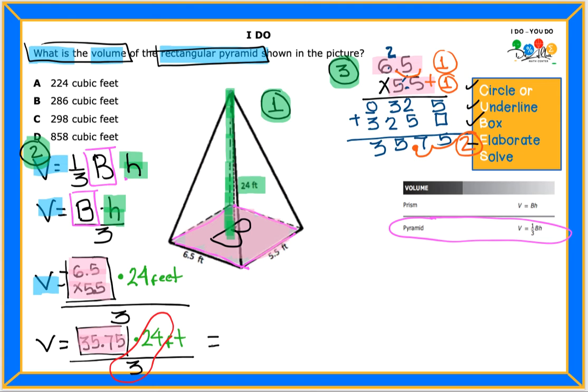So I keep this 35.75 because this is the pink rectangle, and that needs to be multiplied times 8. This 8 I got from simplifying 24 divided by 3. Now we have to do one multiplication, 35.75 times 8. Can you help me to multiply? We're going to multiply on the side.